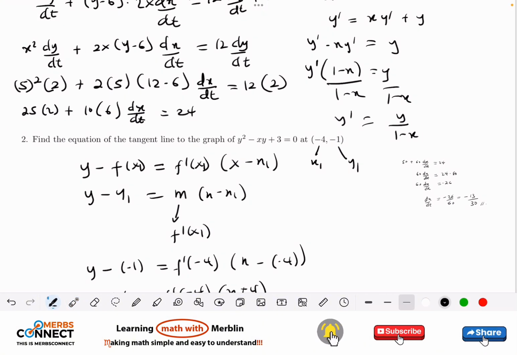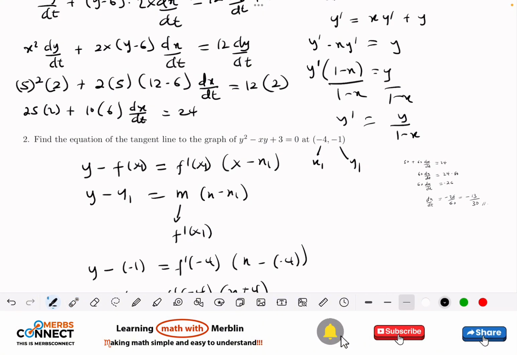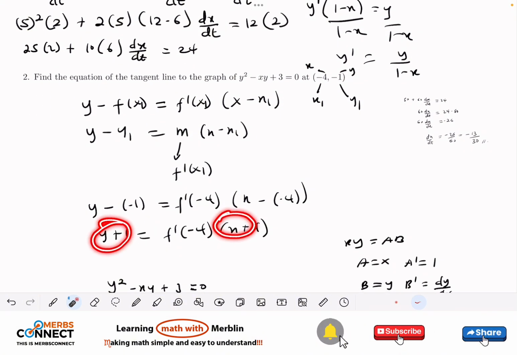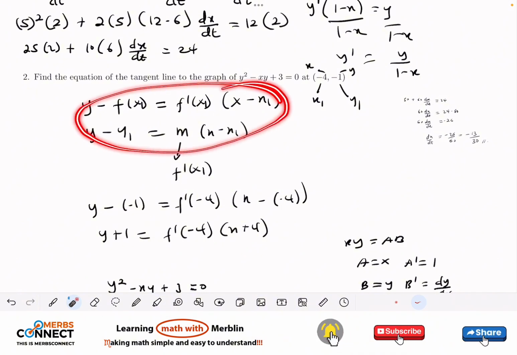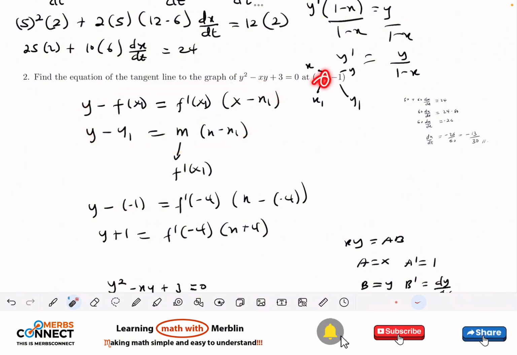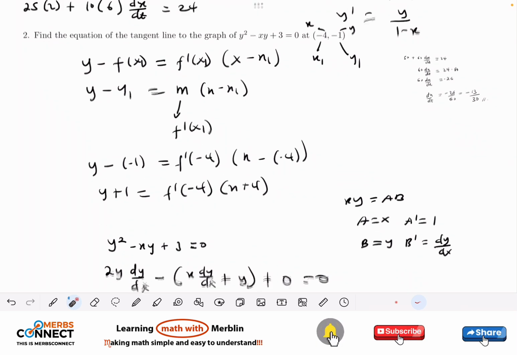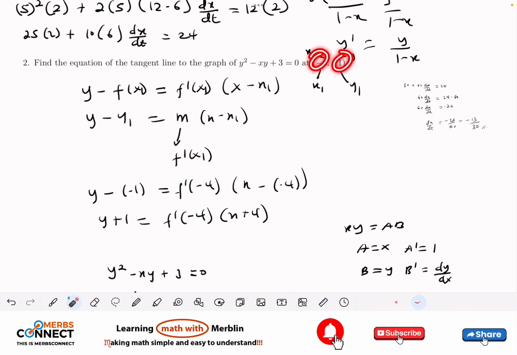But the only thing is that we don't use x and y in the equation, because our equation here should be in terms of x and y. So you cannot plug this one inside the equation directly as x and y. But when you are doing it inside the equation, you call this x1, you call this one y1. But when you find the derivative and you want to plug in, then you call this one x, you call this one y.